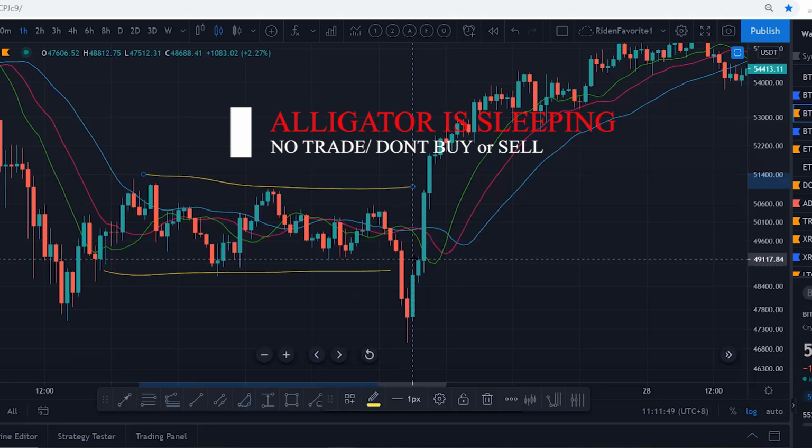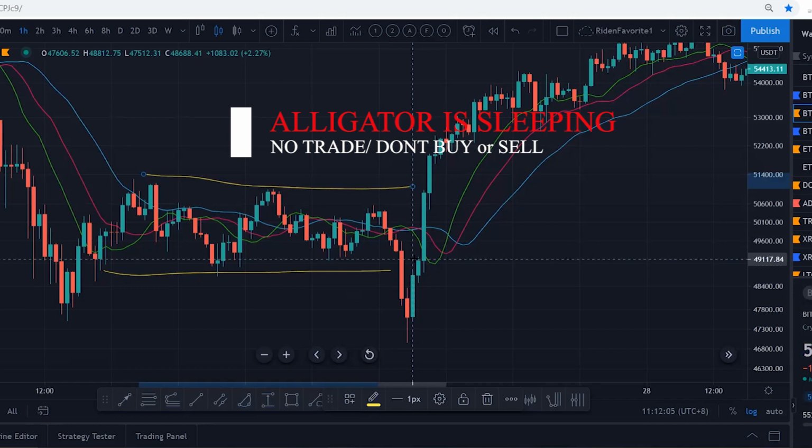It's similar to the moving averages, the EMA 9, 50, 100, and 200. When price keeps crossing them, this is not the time to make a trade, buy or sell.